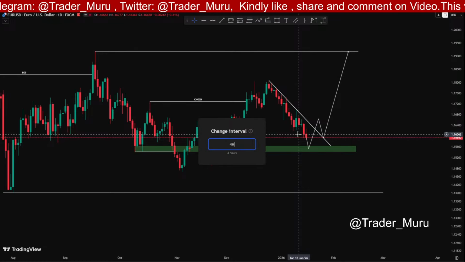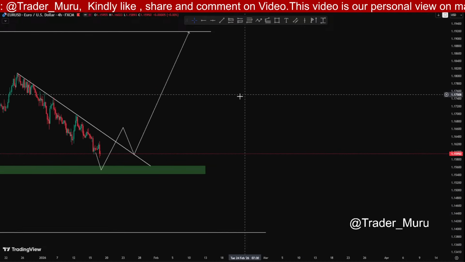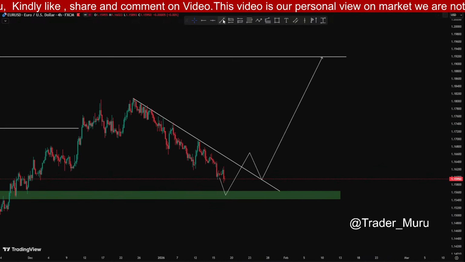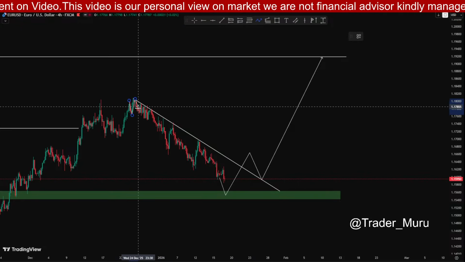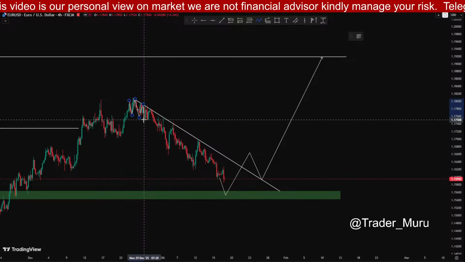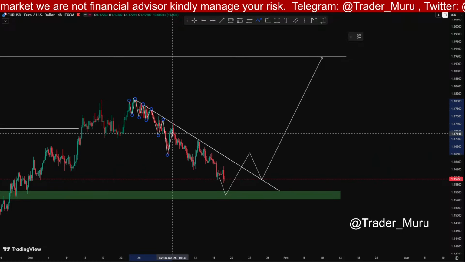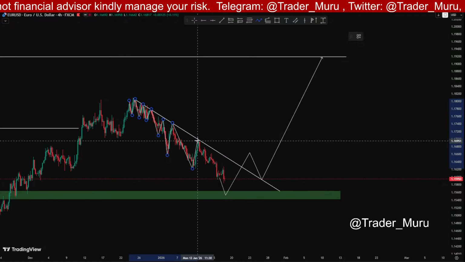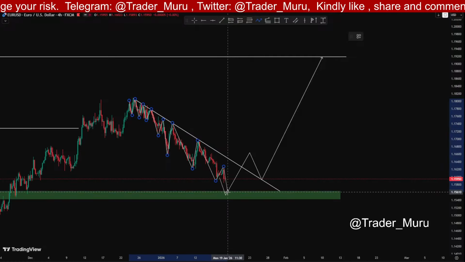If you see this in 4-hour time frame, you can clearly see a continuous downtrend. Price is creating lower highs and lower lows. See this, lower highs and lower lows. This is last breakout structure and another one.